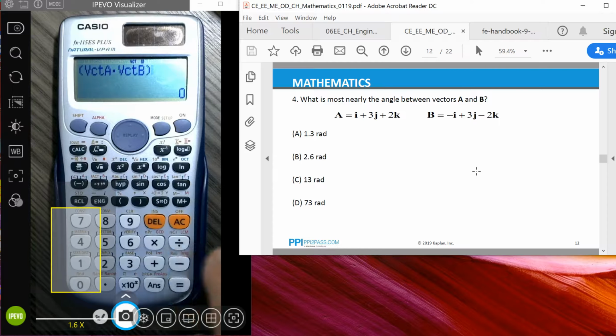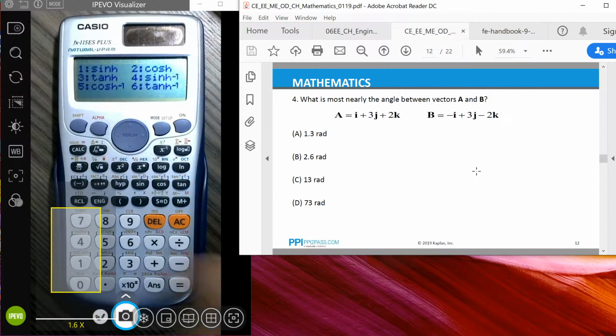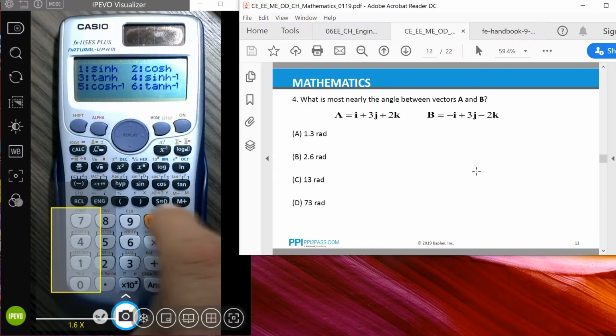divide that by the magnitude of A, so I'm going to find the absolute value of, oops, delete that.